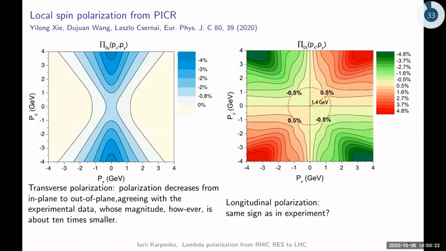So then the last thing which I wanted to note is that there are a couple of calculations which actually show the opposite sign of the longitudinal quadrupole structure. One of such calculations is again the PICR.